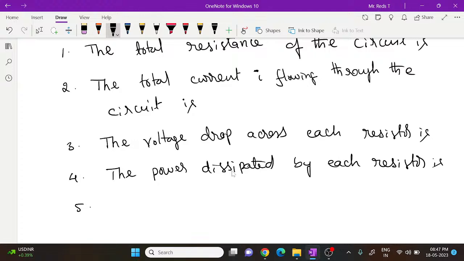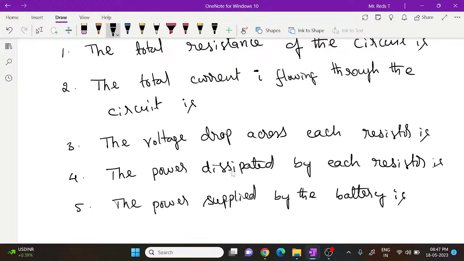Sometimes these case study questions will be asked for 4 marks also. In such a case, only 4 sub questions will be asked under this case study. If it is asked for 5 marks, you may get 5 sub questions.